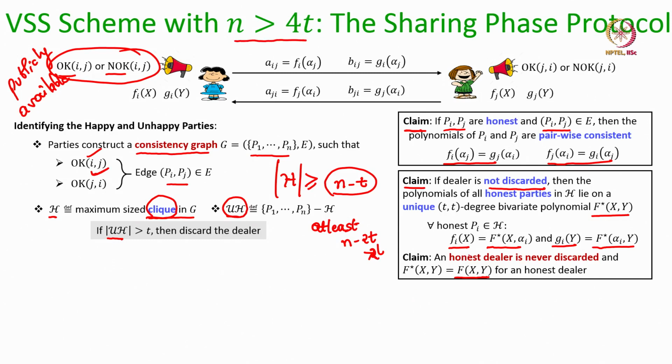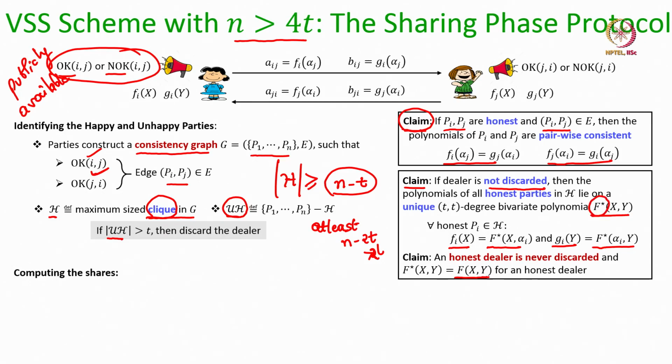That means, we have at least 2t plus 1 parties who are happy and honest, and whose polynomials are pairwise consistent. So, now we can trigger the pairwise consistency lemma and conclude that the row and column polynomials of all the happy and honest parties together lie on a single bivariate polynomial f star of x, y.